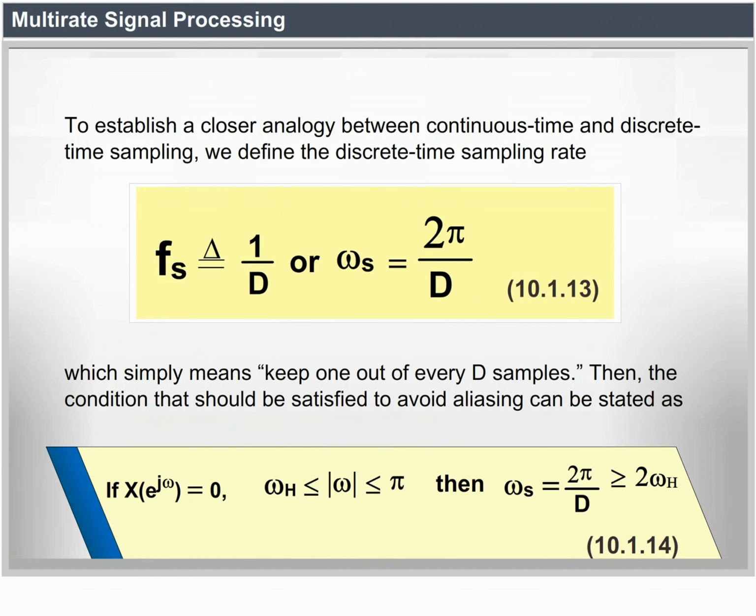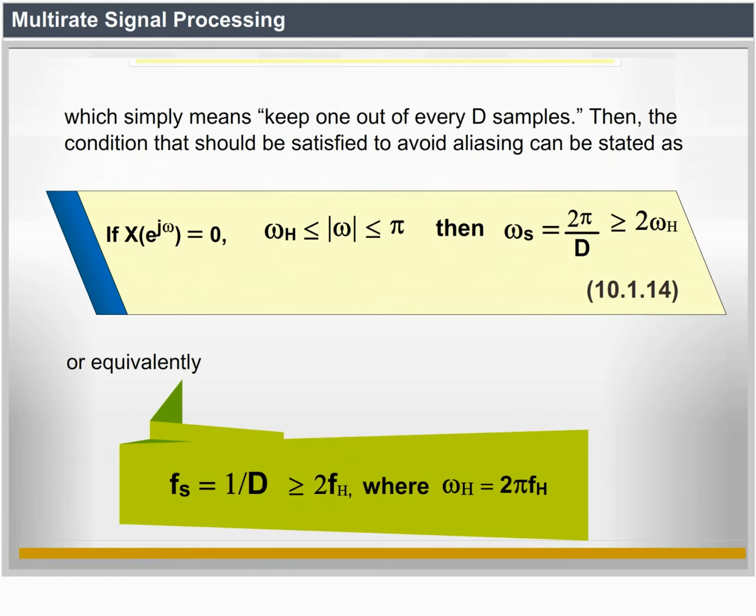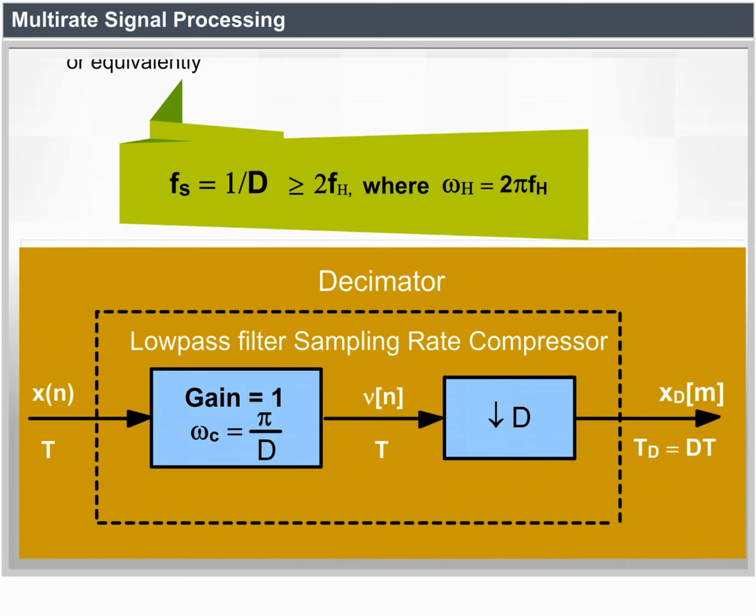Then the condition that should be satisfied to avoid aliasing can be stated as: if X(e^{jω}) equal to 0 for ω_h less than or equal to modulus of ω less than or equal to π, then ω_s equal to 2π/d greater than or equal to 2ω_h, called equation number 10.1.14, or equivalently f_s equal to 1/d greater than or equal to 2 times f_h, where ω_h equal to 2πf_h.